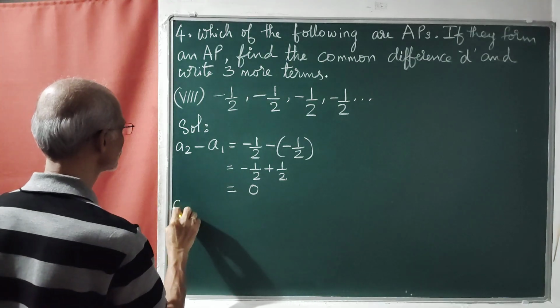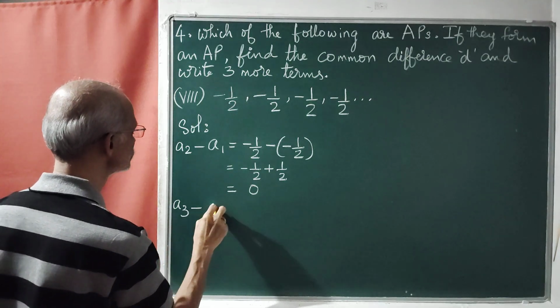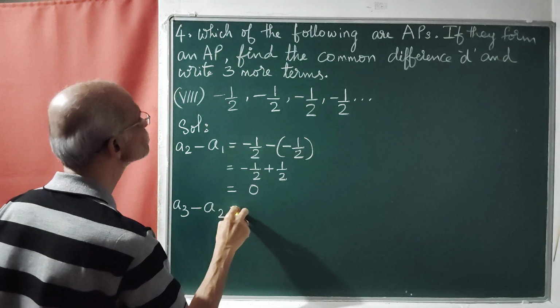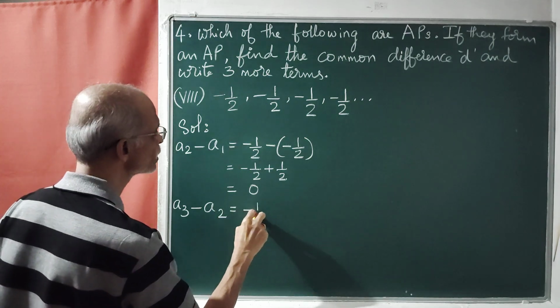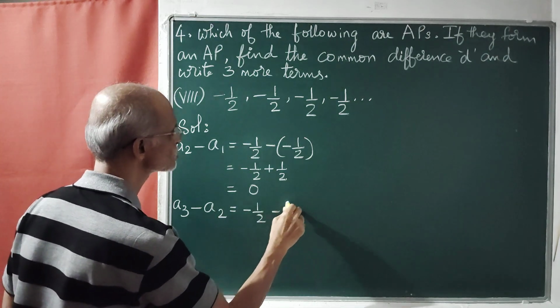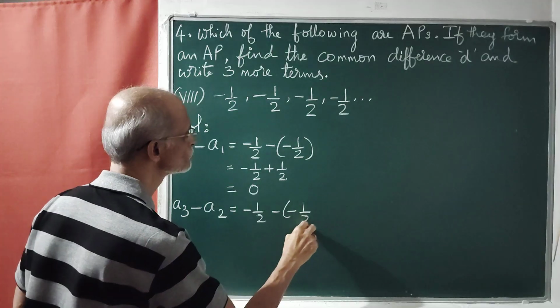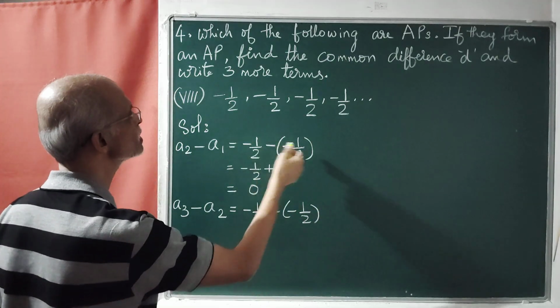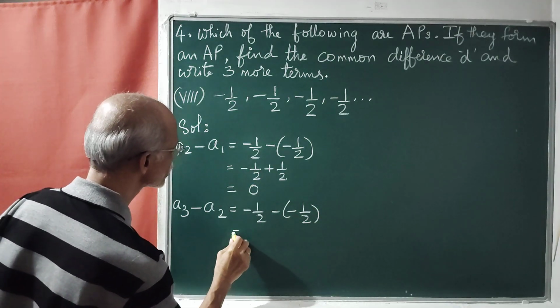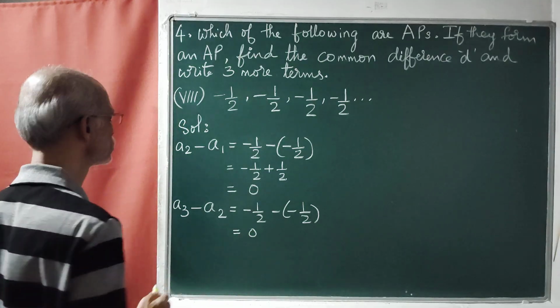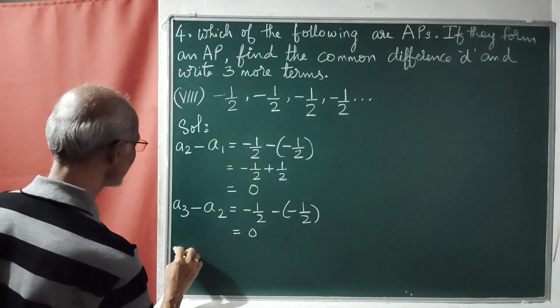So now A3 minus A2, minus 1 by 2 minus of minus 1 by 2. Here also we get the same answer. That's equal to 0. A4 minus A3.